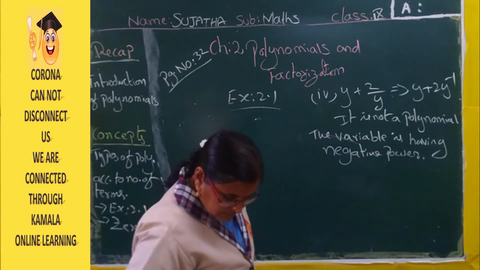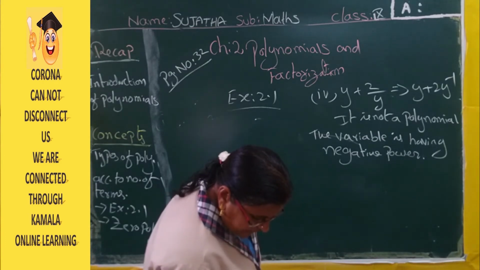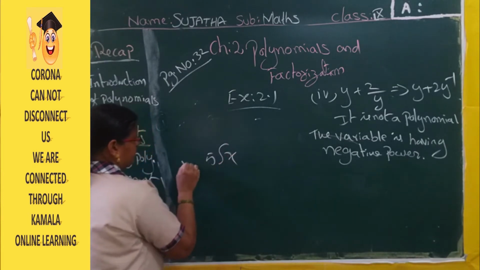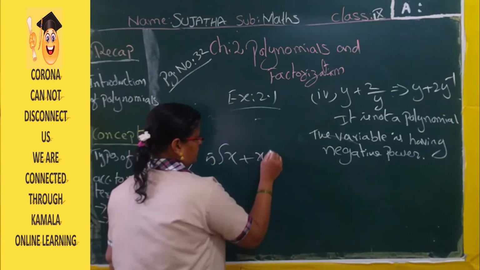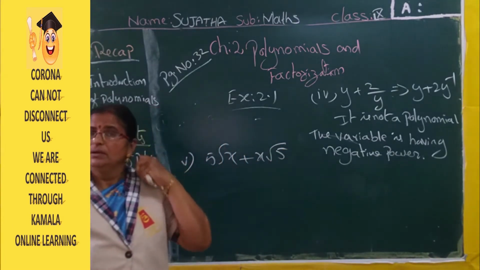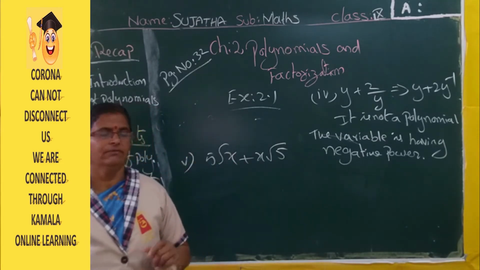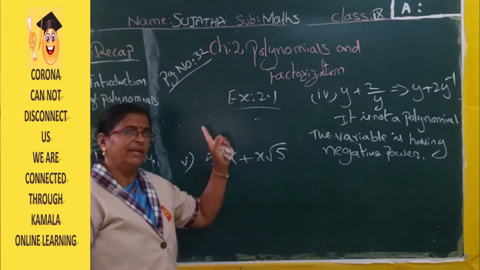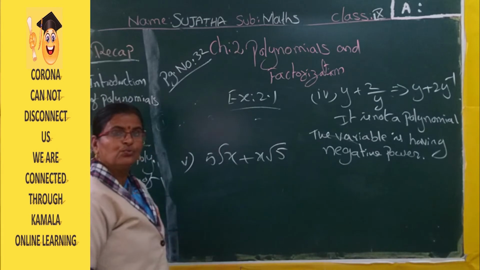Now fifth one. 5 root x plus x root 5. Is this a polynomial? No. Here one variable, but it is not a polynomial. Why? Because the root power will be in the form of 1 by 2, the p by q form.